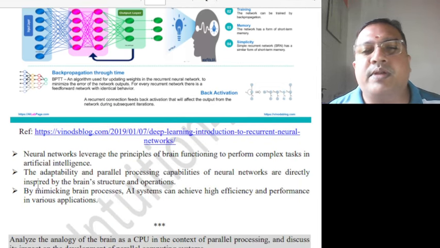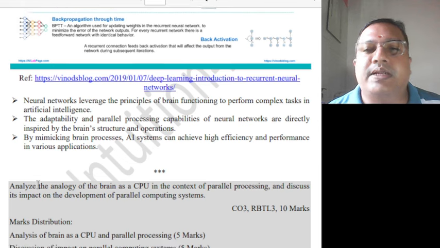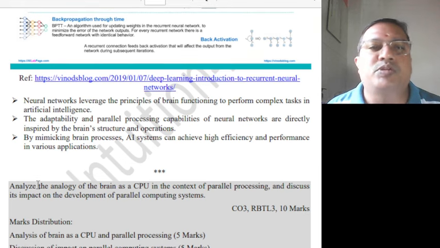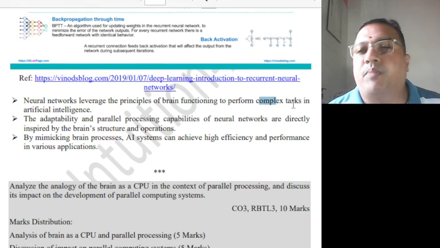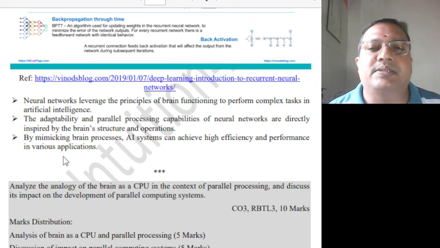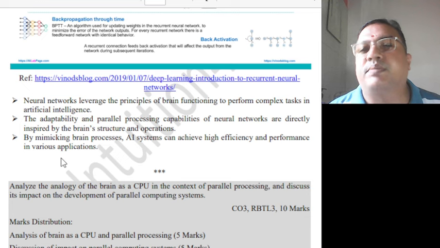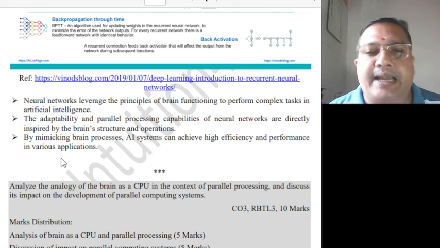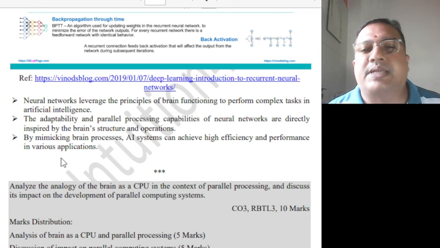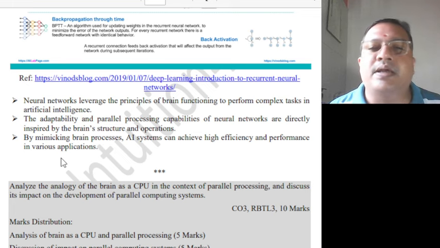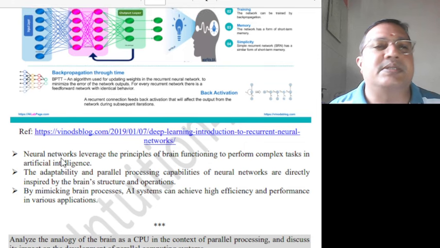So you can say that neural networks leverage the principles of brain functioning to perform complex tasks in artificial intelligence. The adaptability and parallel processing capabilities of neural networks are directly inspired by the brain's structure and operations. By mimicking the brain, artificial intelligence systems can achieve high efficiency and perform in various applications.